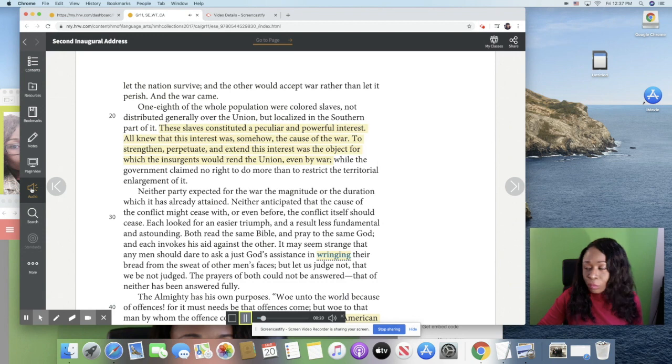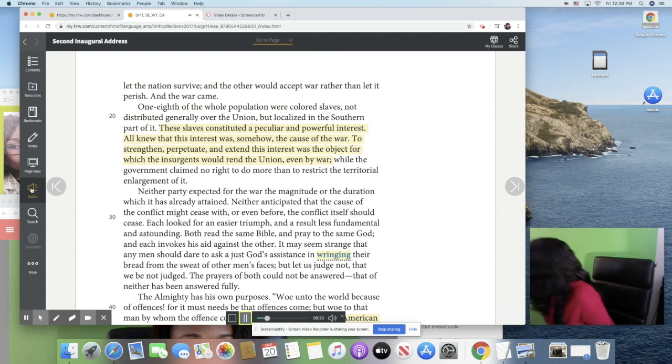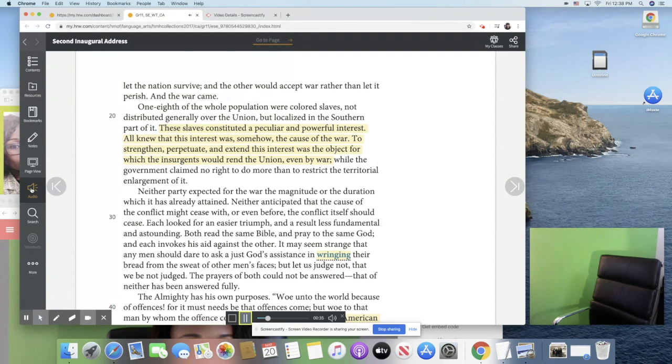To strengthen, perpetuate, and extend this interest was the object for which the insurgents would rend the Union, even by war, while the government claimed no right to do more than to restrict the territorial enlargement of it. Neither party expected for the war the magnitude or the duration which it has already attained. Neither anticipated that the cause of the conflict might cease with, or even before, the conflict itself should cease. Each looked for an easier triumph, and a result less fundamental and astounding.